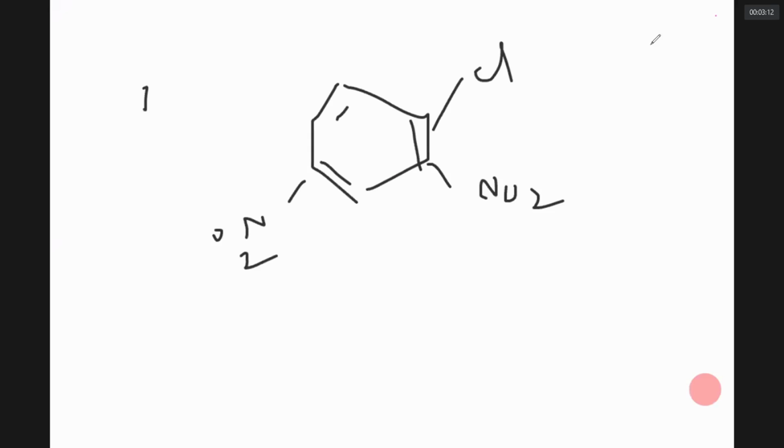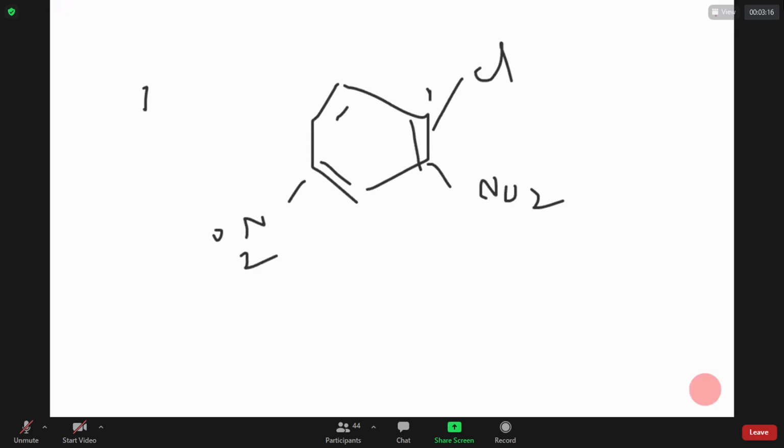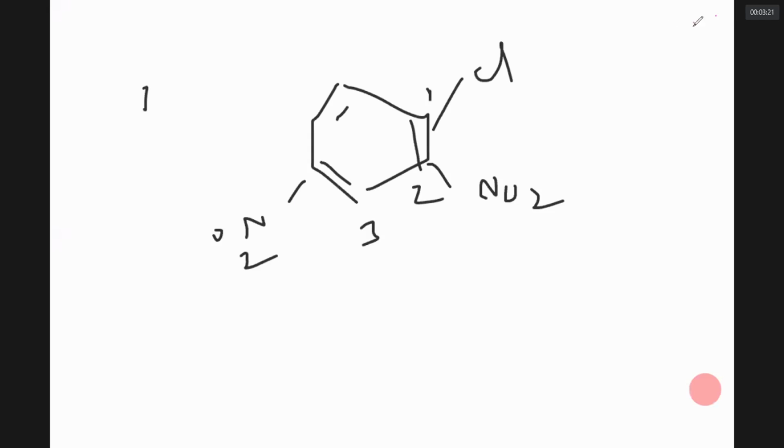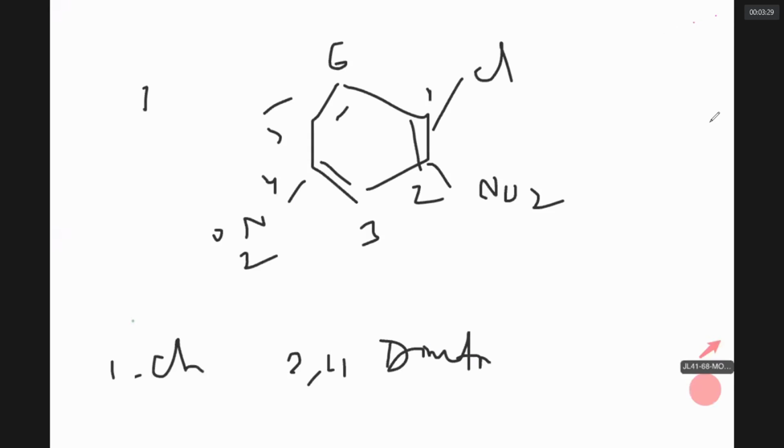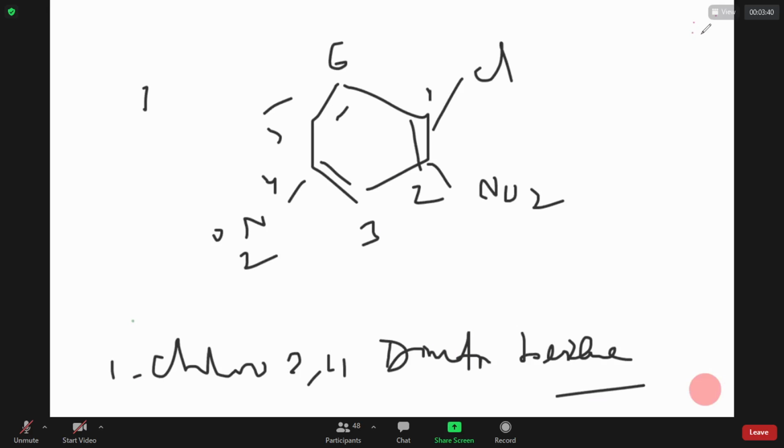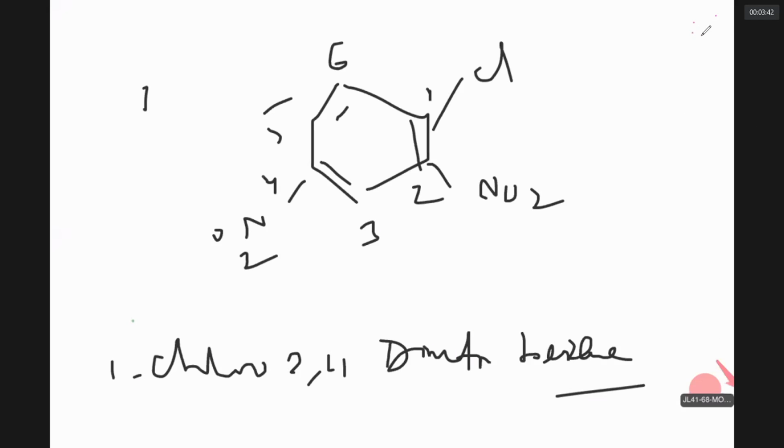If there is no functional group, chloro gets respect, because in alphabetical order C comes first. It is 1-chloro-2,4-dinitro benzene. What is the big deal in this? What is the difficulty in this?